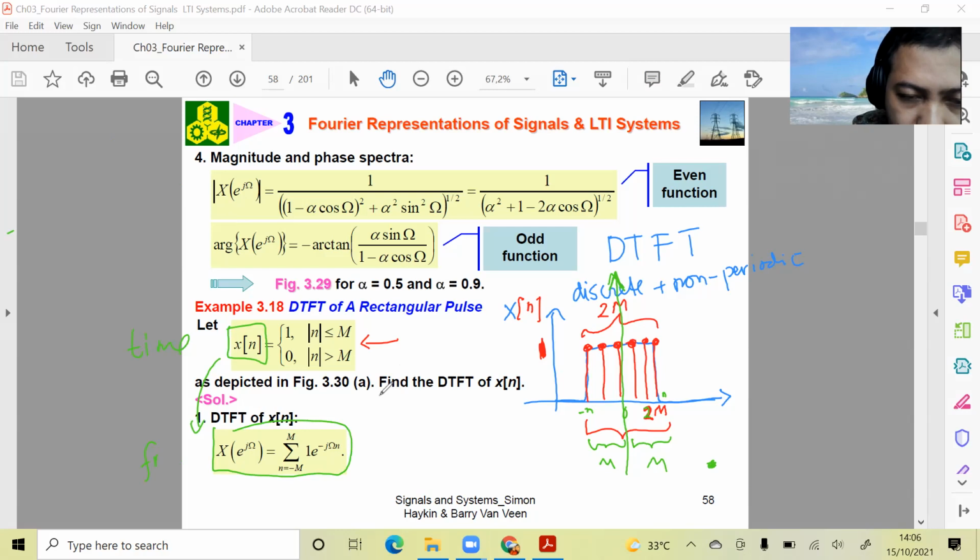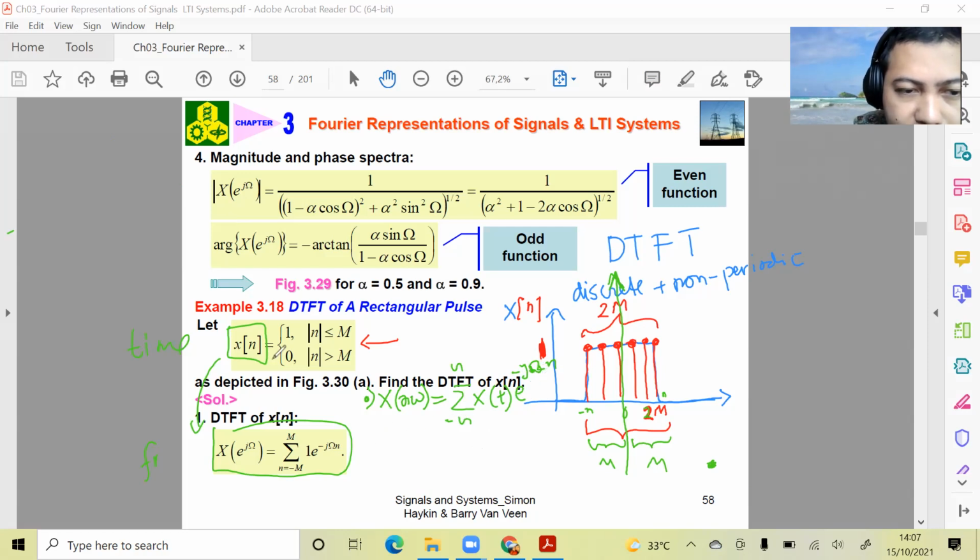First, we use the basic formula of the DTFT. X(j omega) equals the sum from minus infinity to positive infinity of x(t) times e to the minus j omega n.